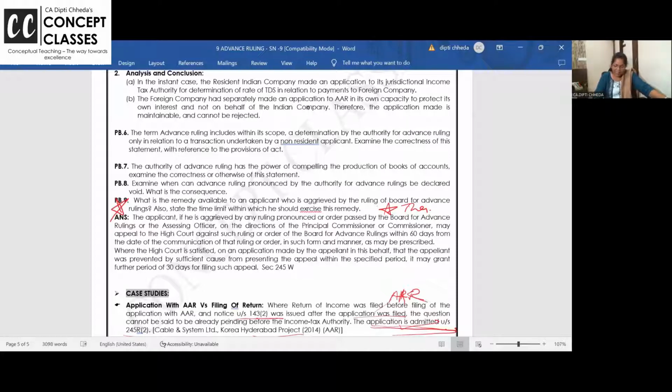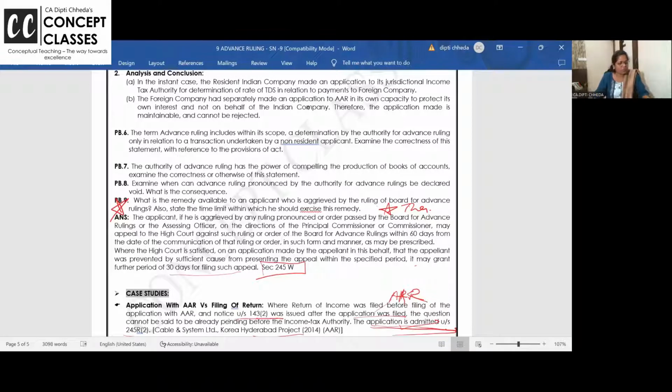So the applicant, if aggrieved by the decision pronounced by the board for advance ruling on directions of the commissioner, within 60 days can apply to the High Court. Where the High Court is satisfied that the applicant was prevented, they will allow 30 days more. And I told you the important section is 245W. These are smart ways to score.